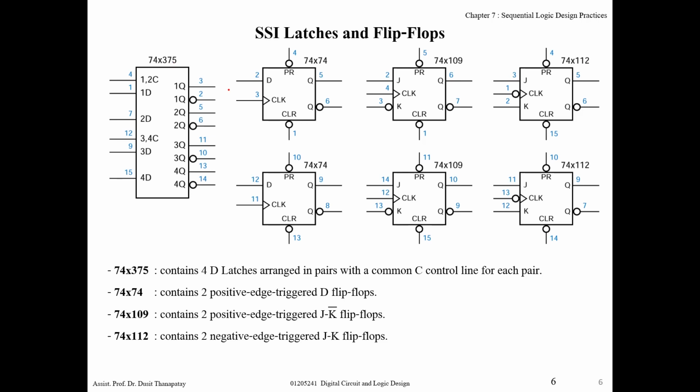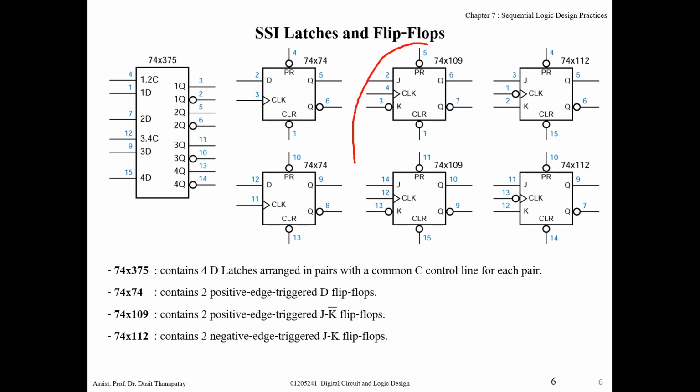And how about this one? This is a D flip-flop. We have input D, clock, preset, clear, and 2 outputs of active high and active low. This IC 7474 contains 2 D flip-flops inside the same package.